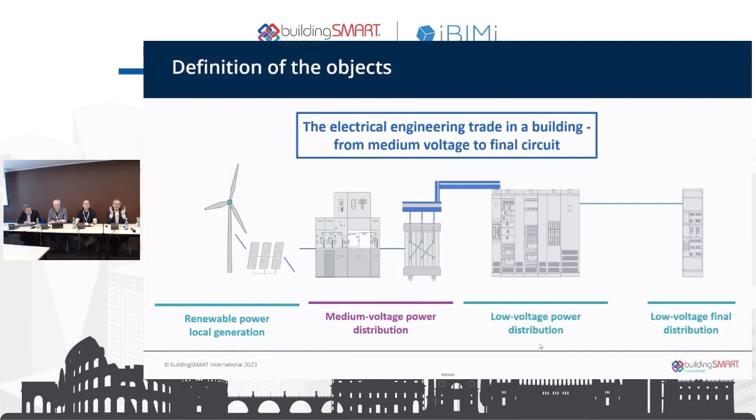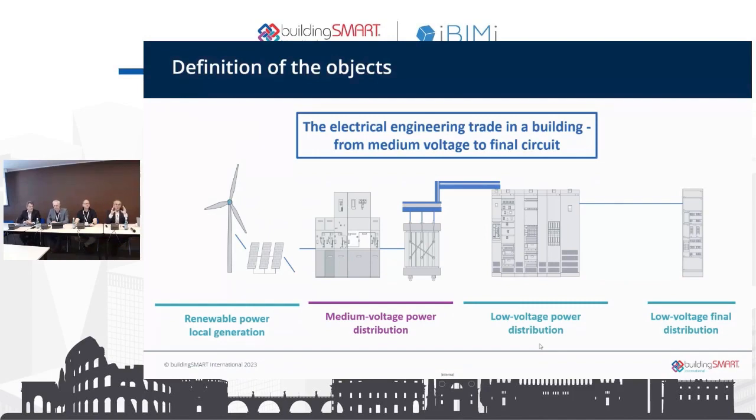So we can say it's mainly low voltage, but especially as we target sustainability, it must include the photovoltaic production, windmill, if there are some generators, of course, in case of emergency generator or UPS, storage eventually.